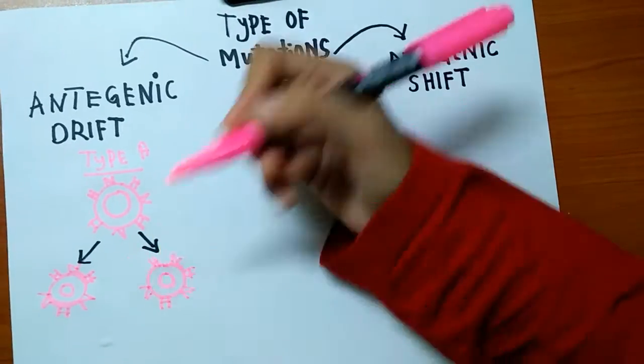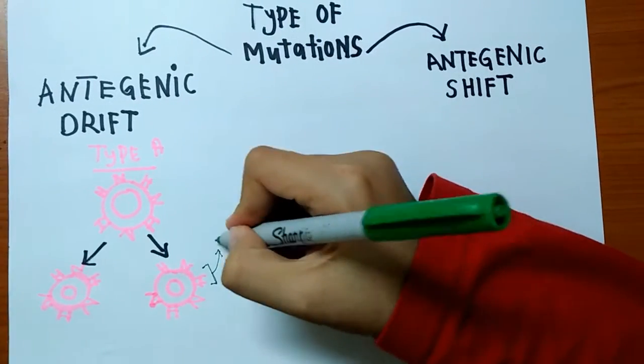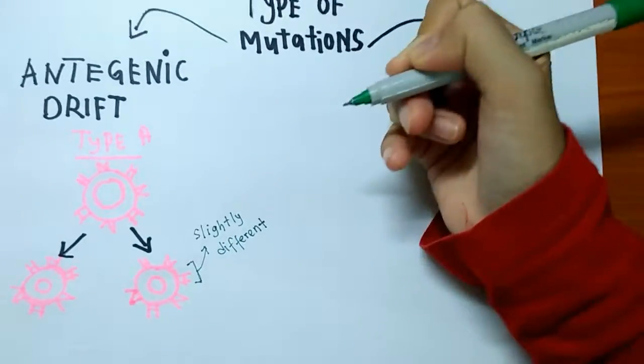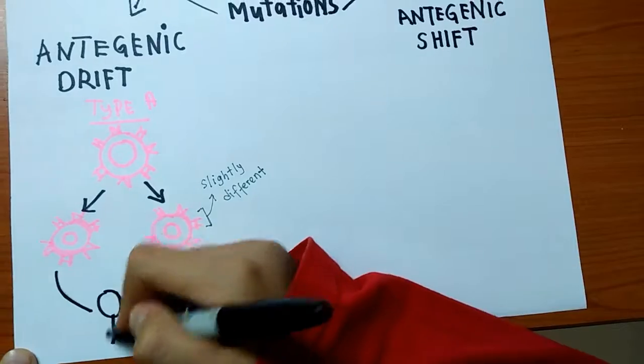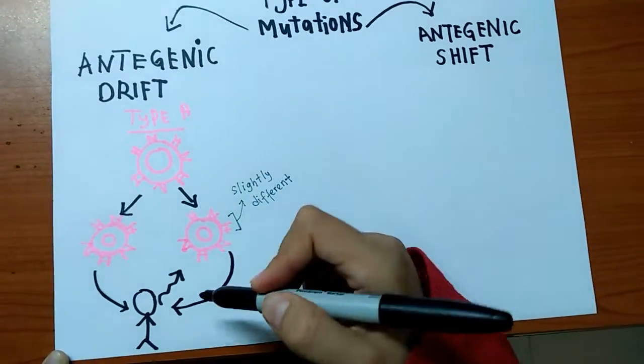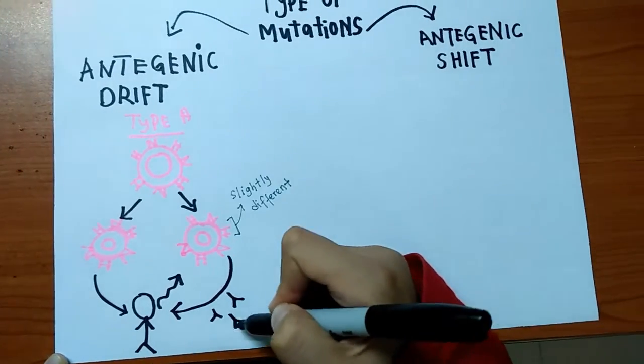Over time, if enough of these changes happen, even if somebody is immune to the original virus, the mutated glycoprotein will allow it to evade and infect people who were immune to the previous strains.